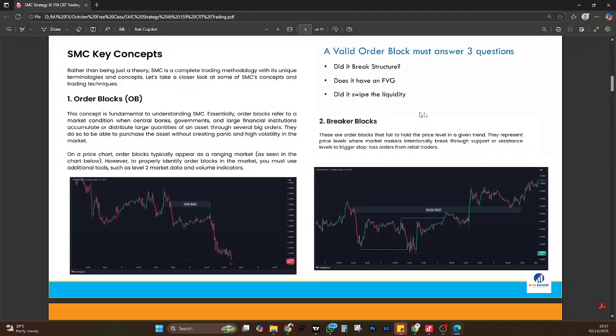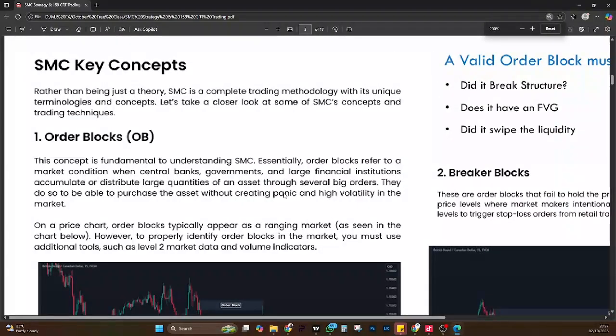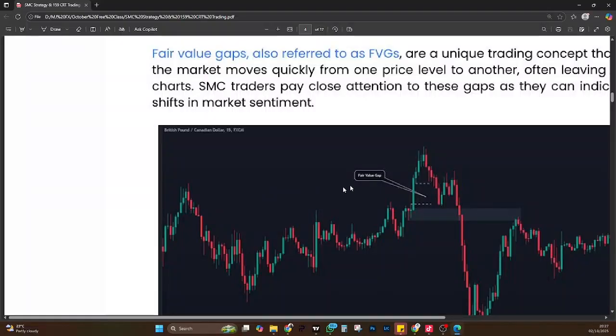Okay, there are 3 things that an order block must answer. Number 1, it must break structure.